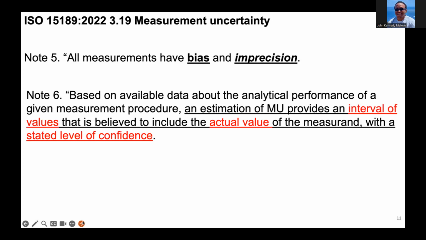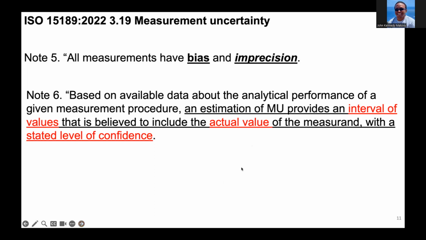Note 6 says, based on available data about the analytical performance of a given measurement procedure, an estimation of MU provides an interval of values that is believed to include the actual value of the measurand with a stated level of confidence, right? And in this case, the confidence level that we're using for most of our measurements.